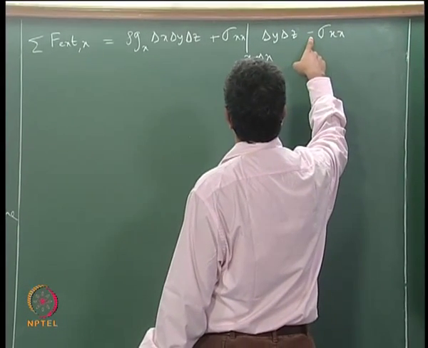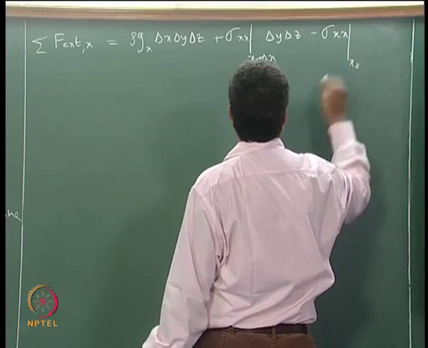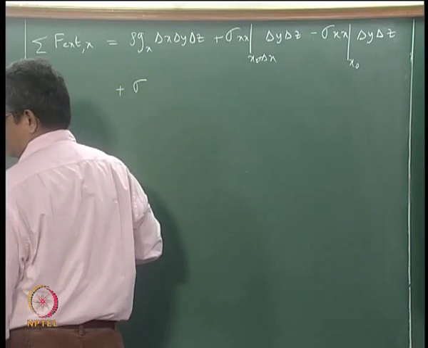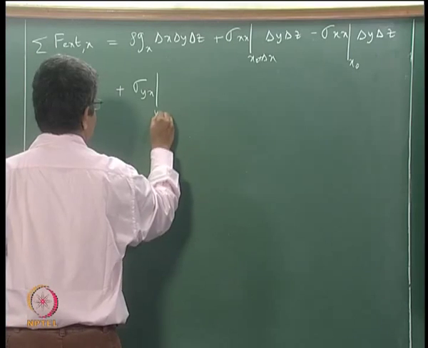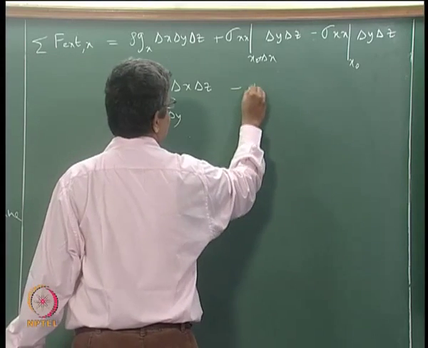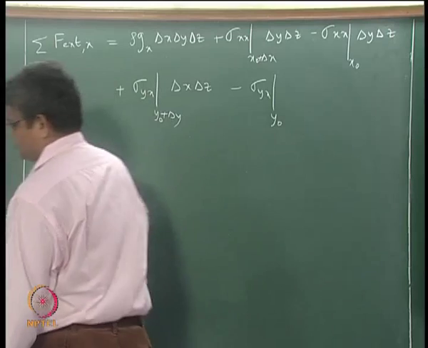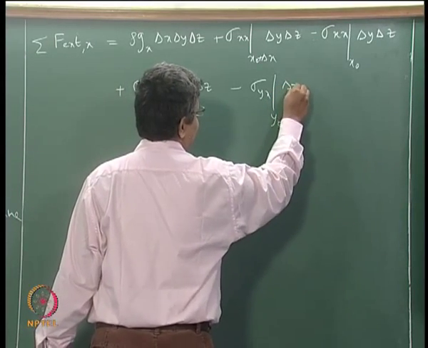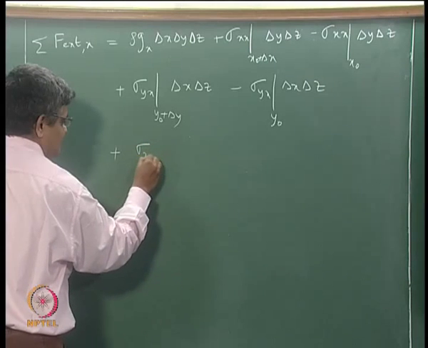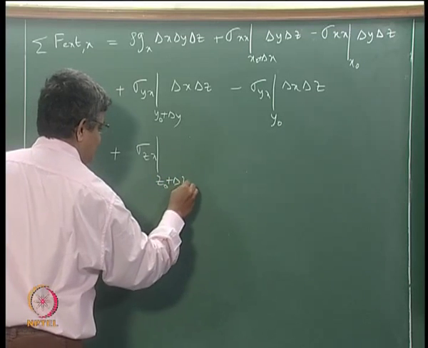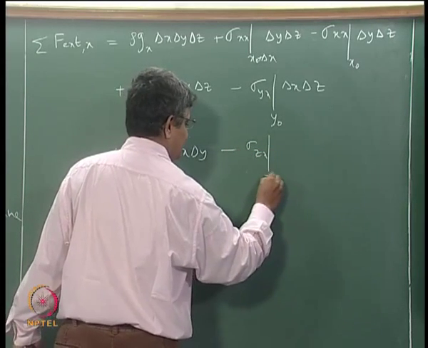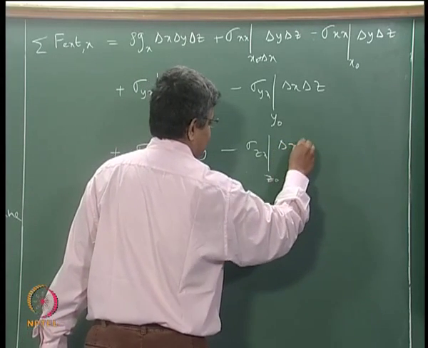So that will be with a minus sign, minus sigma xx, and now this is at x naught and an area of delta y, delta z, and then we have plus the top face, which is sigma yx at y naught plus delta y times the corresponding area, which is delta x, delta z, minus sigma yx at y naught, which is on the bottom face acting in the x direction, times delta x, delta z, plus the stress acting in the front face in the x direction, so that is sigma zx at z naught plus delta z times the area, which is delta x times delta y, minus sigma zx at z naught, which is the back face, times delta x, delta y.